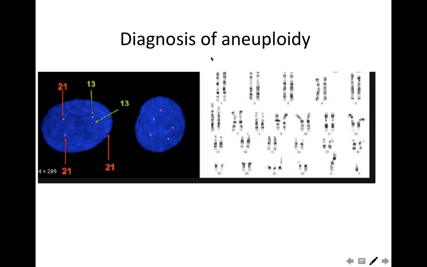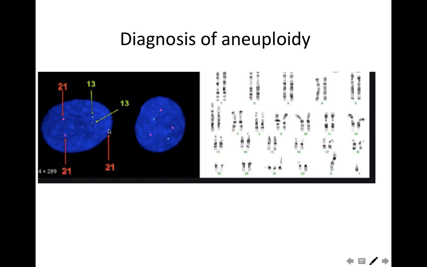The third use for the molecular cytogenetics is to detect aneuploidy, which means change in number of the chromosomes. Here there are 2 probes, one red for chromosome 21, centromeric probes for chromosome 21 is red, and the green signal or the green fluorescent dye is used for labeling a probe for the centromere of chromosome 13.